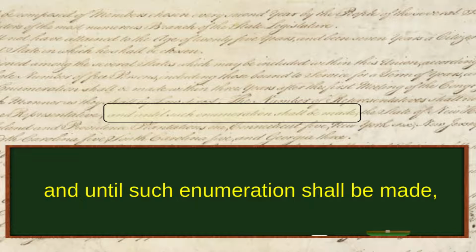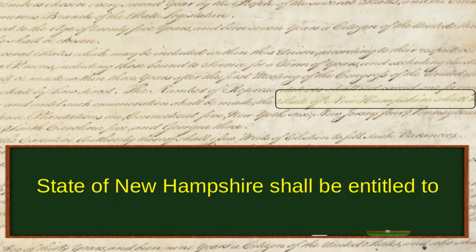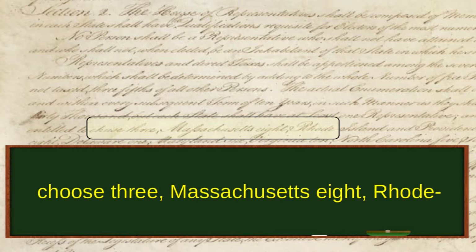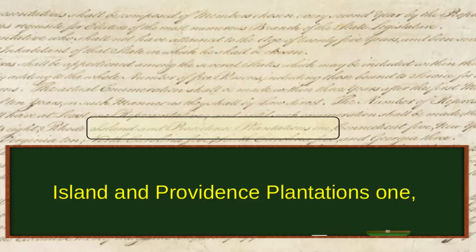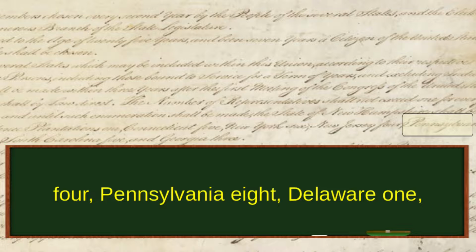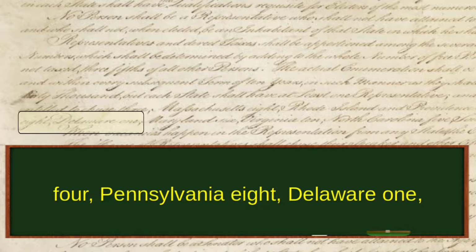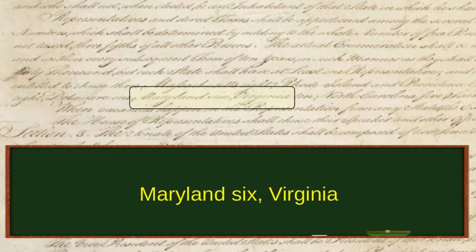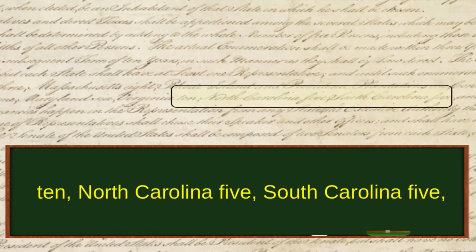And until such enumeration shall be made, the state of New Hampshire shall be entitled to choose 3. Massachusetts, 8. Rhode Island and Providence Plantations, 1. Connecticut, 5. New York, 6. New Jersey, 4. Pennsylvania, 8. Delaware, 1. Maryland, 6. Virginia, 10.